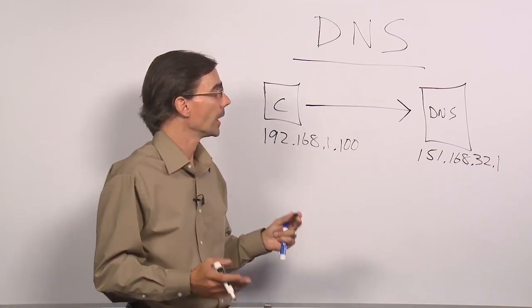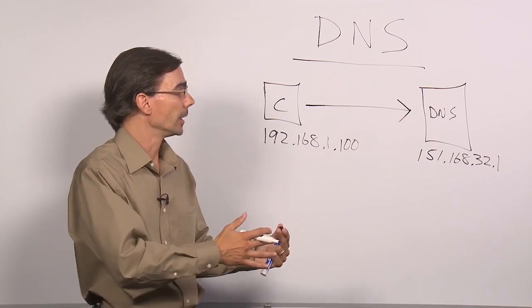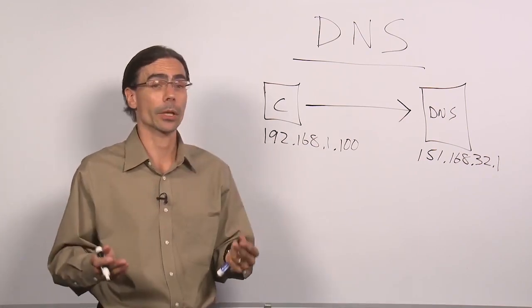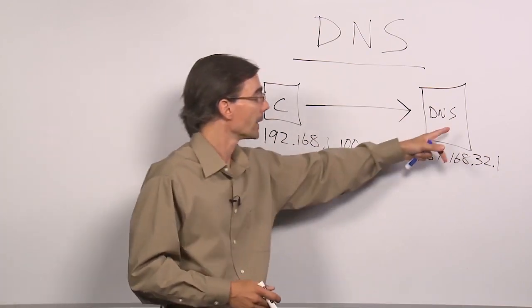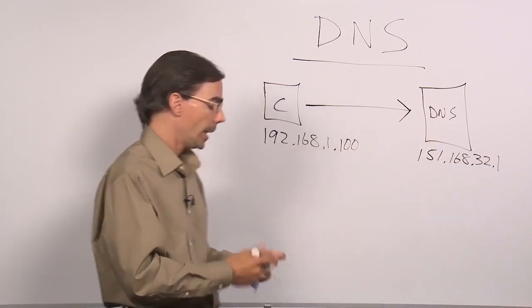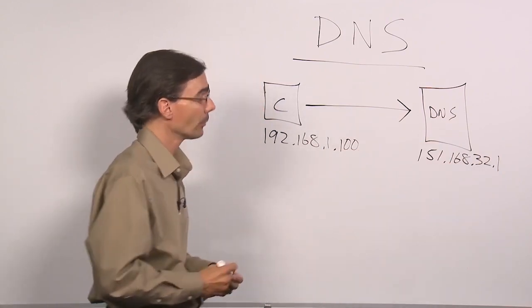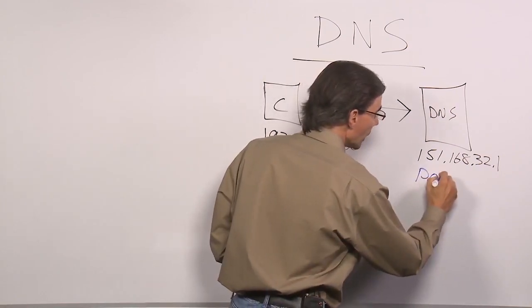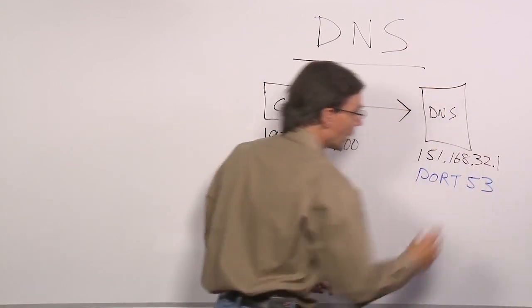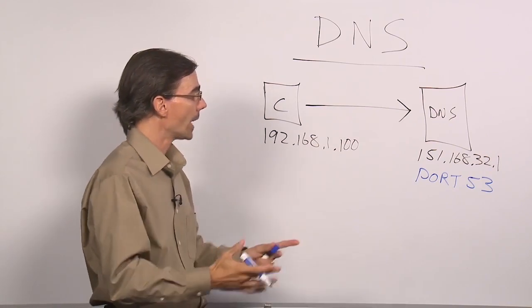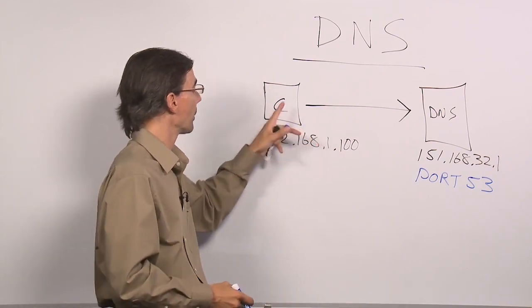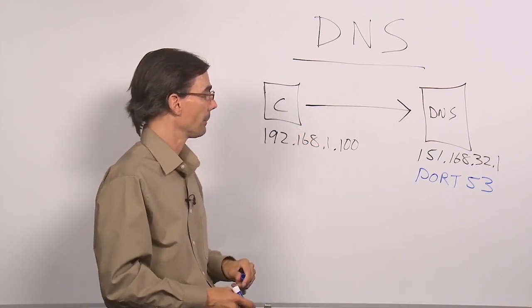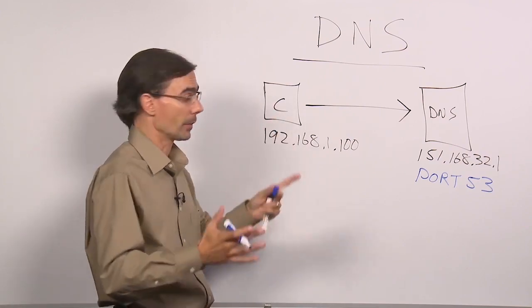Wherever the DNS server is, whether it's internal on the LAN and hosted by your company or organization, or if it's outside on the internet, it's going to use port 53 as the open port to accept requests to translate from IP address to domain name. And vice versa.